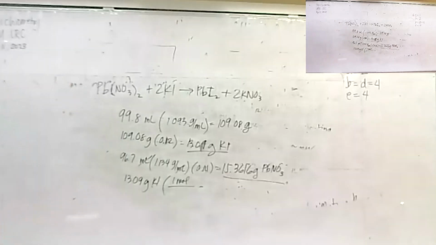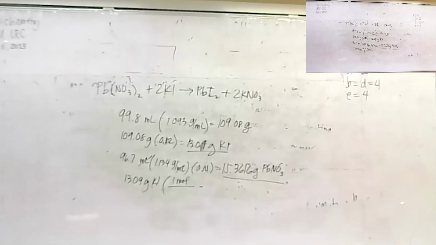So that's 13.09 and then divide by the molar mass of KI, which is around 300, sorry. 39.10 plus 126.9, or 122. Ano, can someone type in the chat kung ano yung molar mass ni KI?